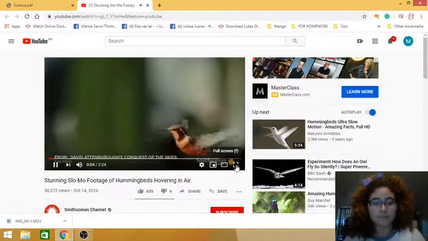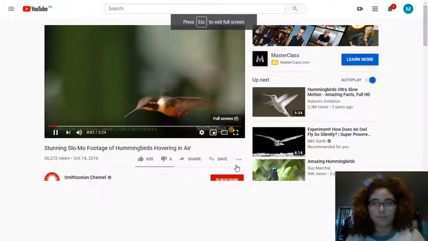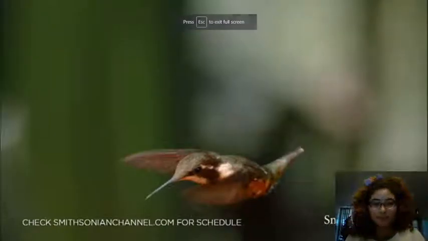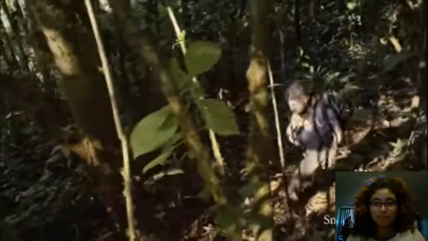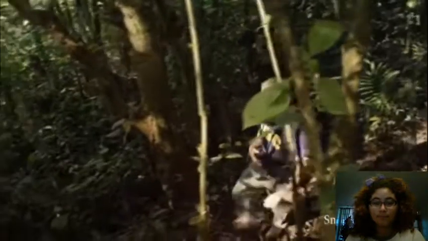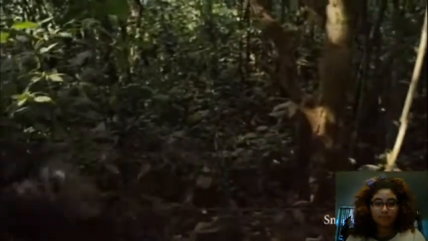To fly in this extraordinary way, hummingbirds have changed the structure of their wings and the way they beat them. Here in Ecuador, scientist Doug Altshuler is working to analyze exactly how they do so. Hummingbirds are remarkable animals. They have extreme adaptations in physiology and anatomy, and they also have a very unique behavior.